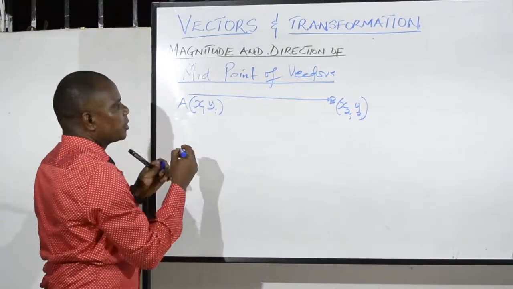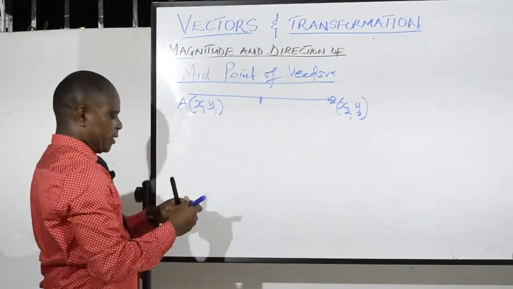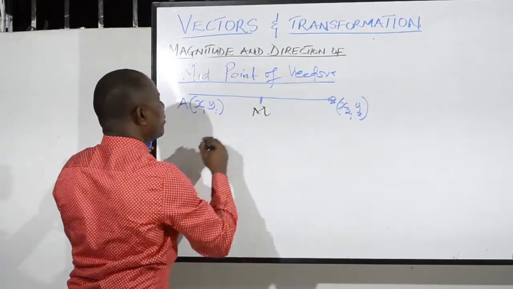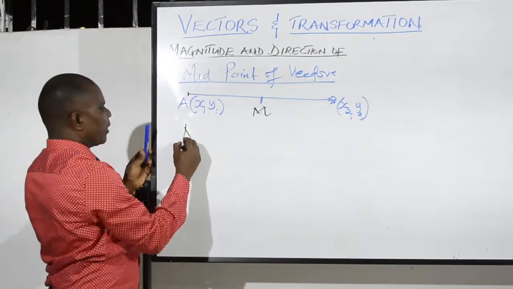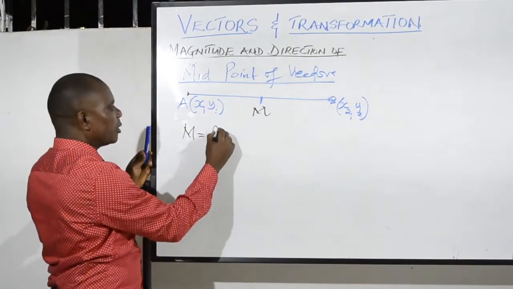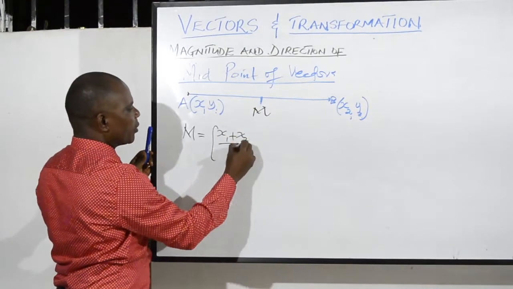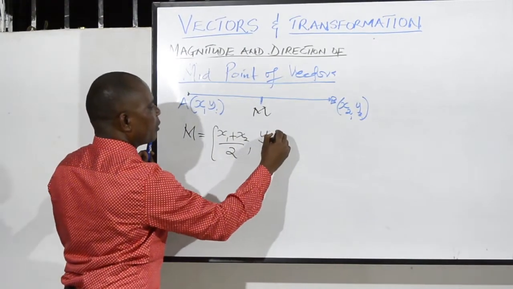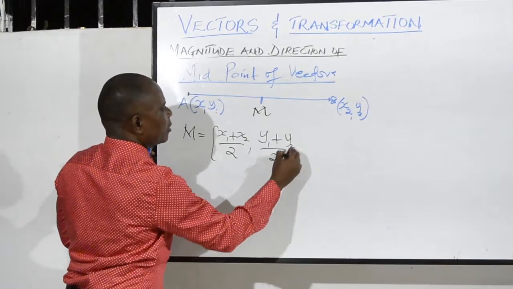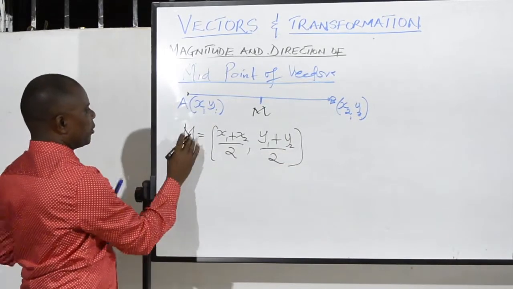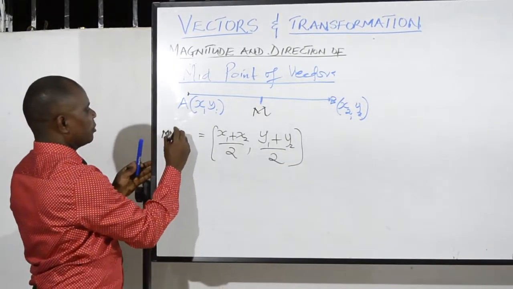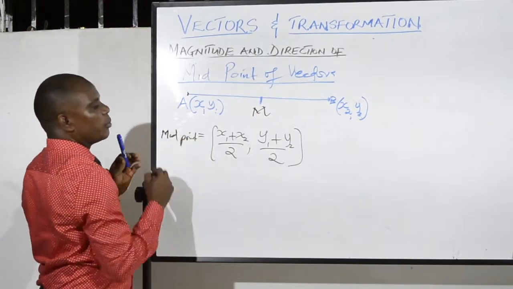Now I want to find the middle of that vector, the midpoint M. The midpoint is the average of all the x components and the average of all the y components. So this gives you the midpoint.